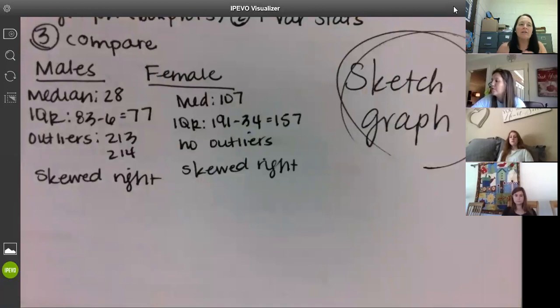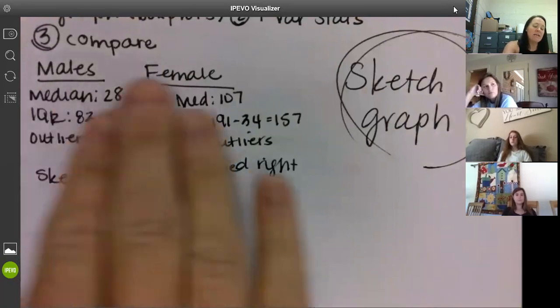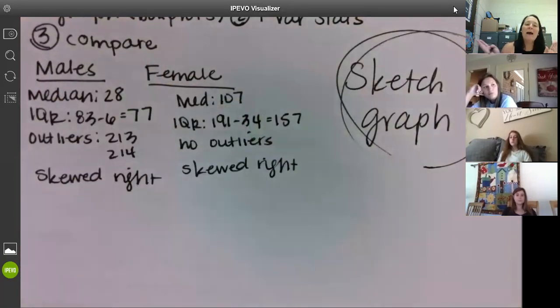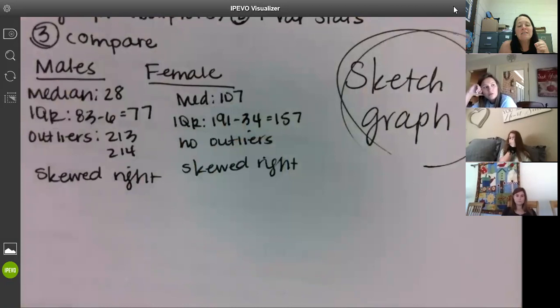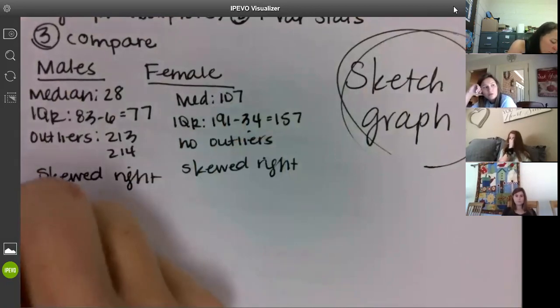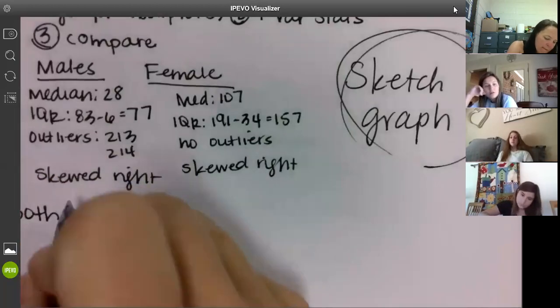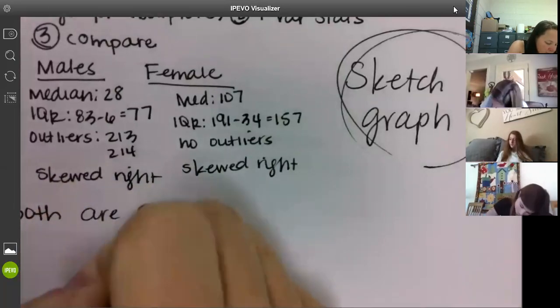So we have to talk about this. This is not enough. You need to talk about it. So what did you see? You have to compare them together. So these are separately, but now I need to compare them to each other. So you just literally write sentences about this. Again, it's long work, not hard work. So we would say that both are skewed right.